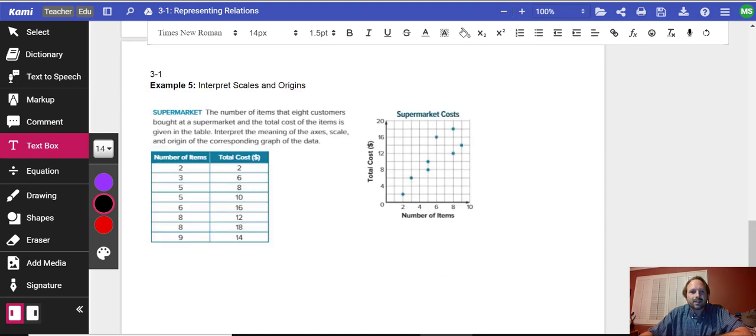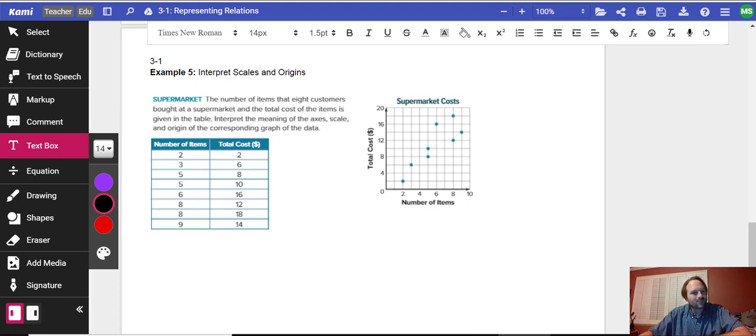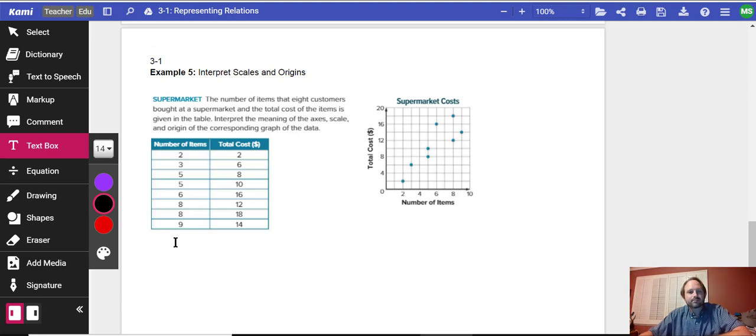So this last one right here is interpreting scales and origins. So let's answer this question. Supermarket. The number of items that 8 customers bought at a supermarket and the total cost of the items is given in the table. Interpret the meaning of axes, scale, and origin of the corresponding graph of data. All right, so let's break it down.